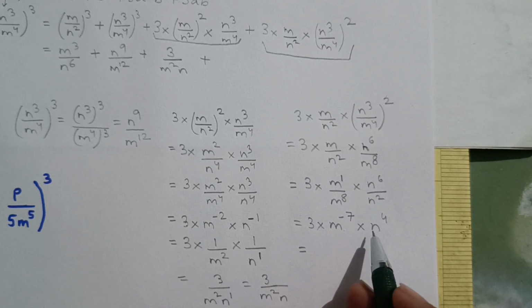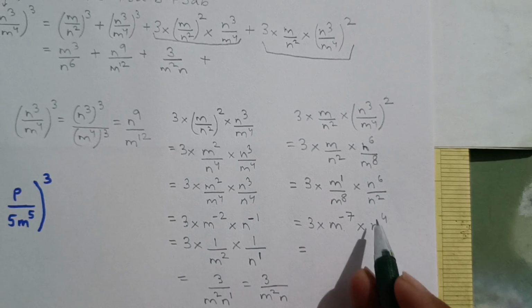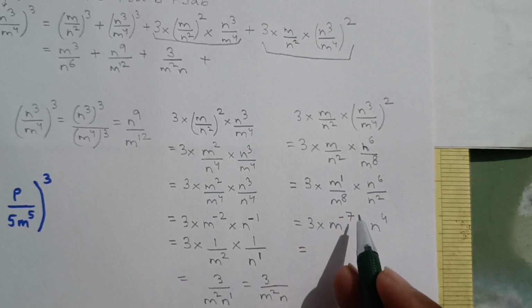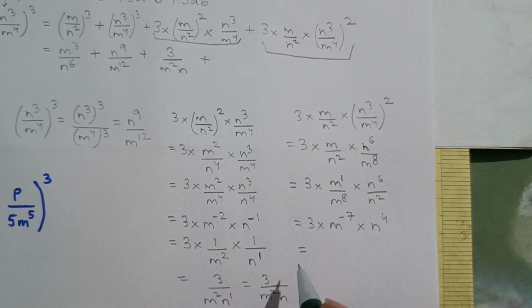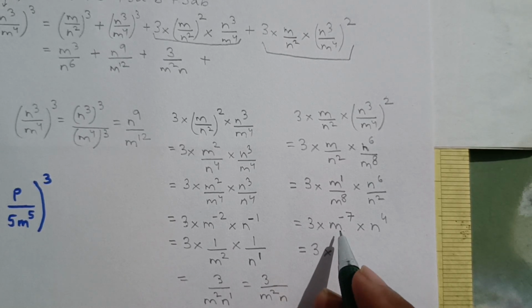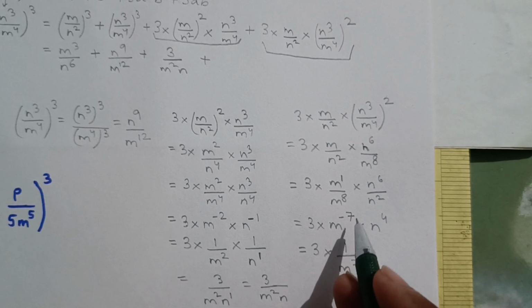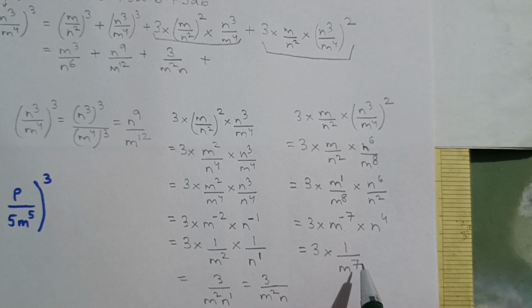N to the power 4, no issue with this because here the power is positive. But m to the power minus 7, let us write this negative power as positive power. So 3 into m to the power minus 7 will be 1 upon m to the power 7. So here the power is positive, into n to the power 4.